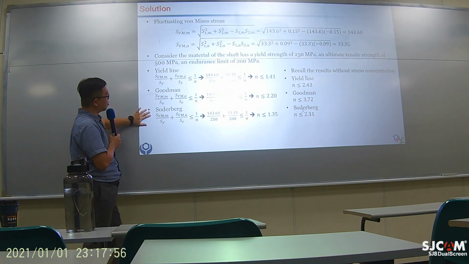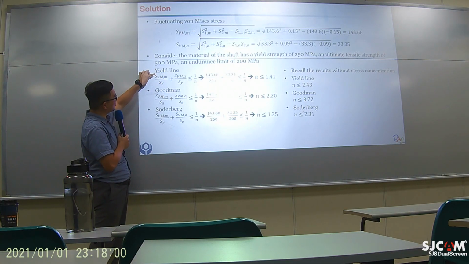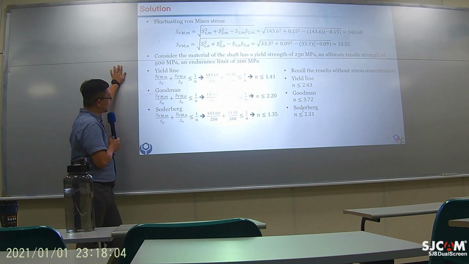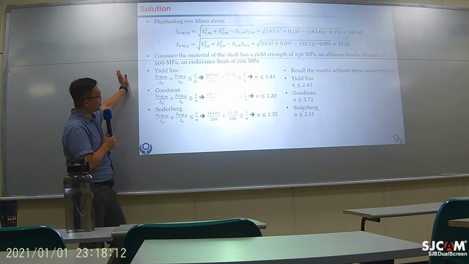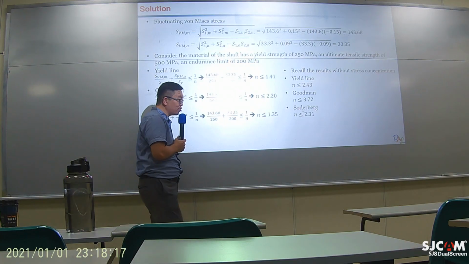There are 4 different models, and those mean and amplitude values are going to be divided by different stress levels, depending on which model you're using. So go back and review which one is which. And at the end, you end up with 4 safety levels.